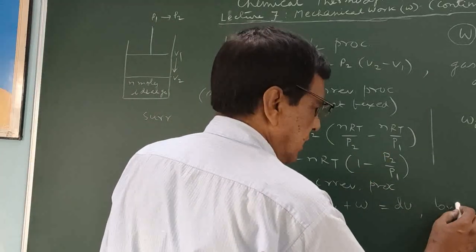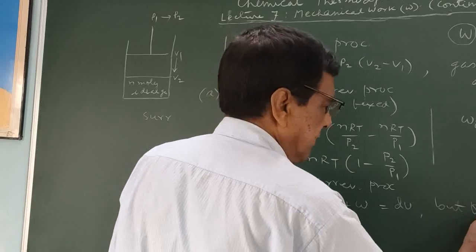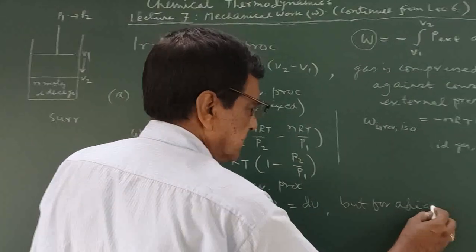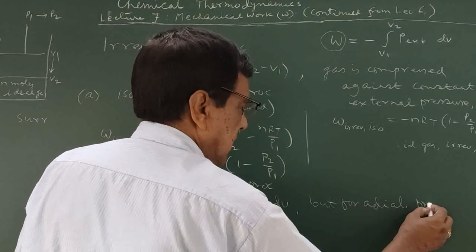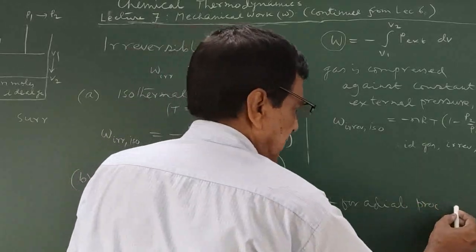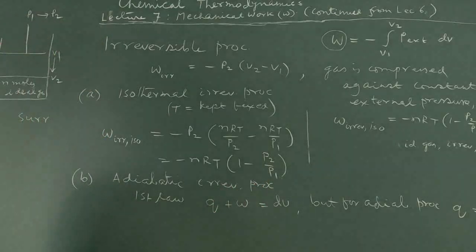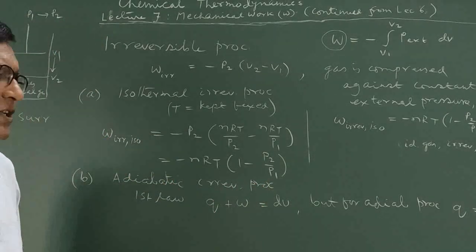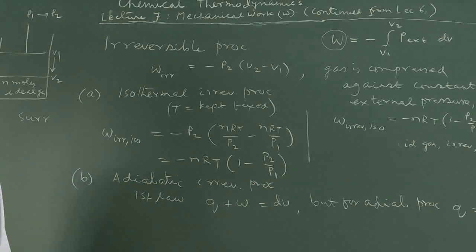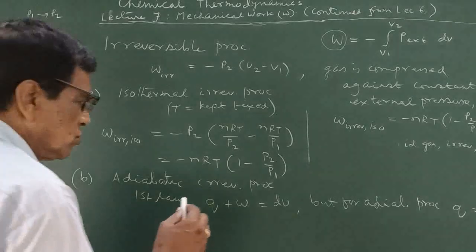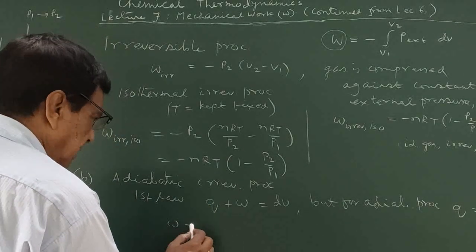But for the adiabatic process, Q equals 0, as the walls are wrapped by a good insulator and heat cannot be exchanged between the system and surrounding. So W equals dU.